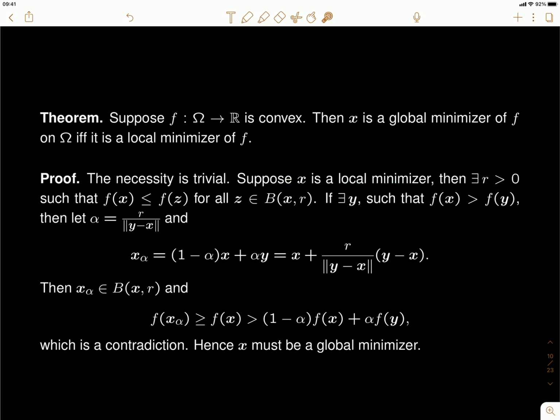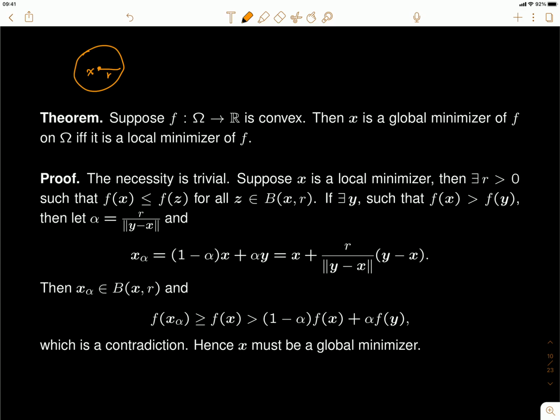Since it's a local minimizer, I know that within the neighborhood of x, f of x is the smallest. In other words, if this is x, then there must be a neighborhood of x, and the radius is r. Within this neighborhood, f of x takes the minimum function value.